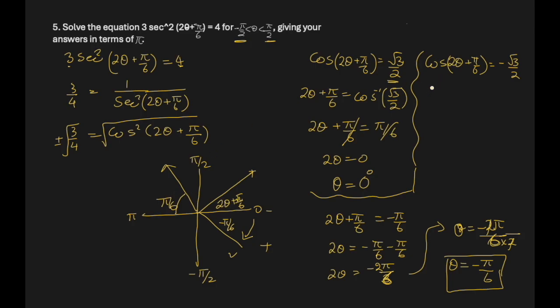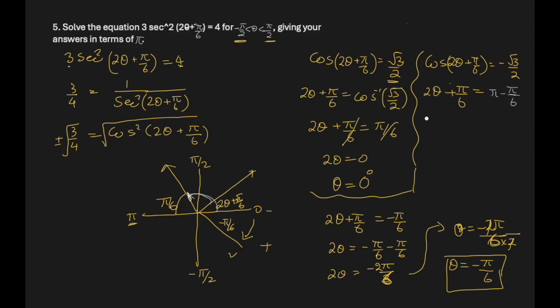So I can write here that 2 theta plus pi by 6 will be how much? This will be pi minus pi by 6, because our calculations start from here. Keep in mind, this is the angle I'm talking about, from 0. This is pi by 6, so pi minus pi by 6 will give us this answer.